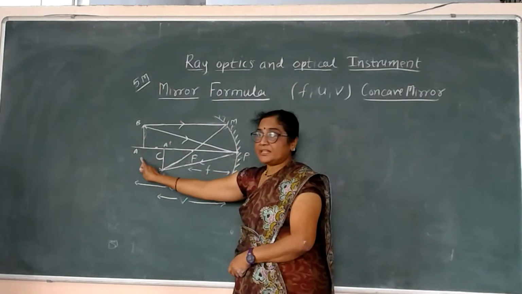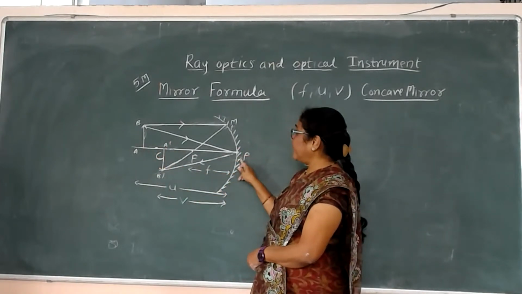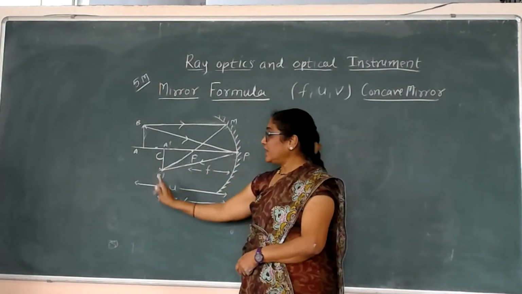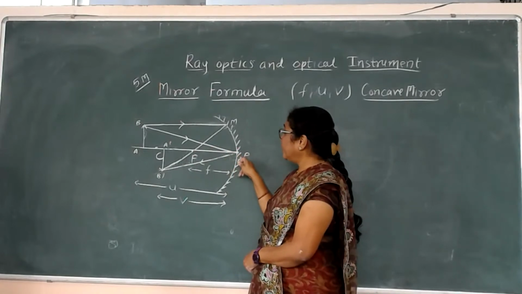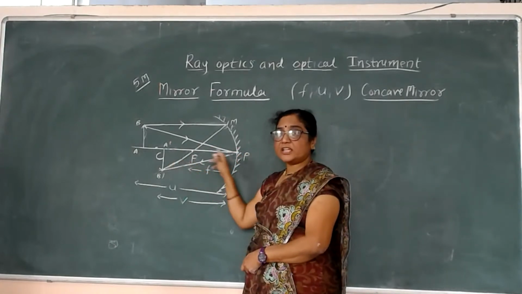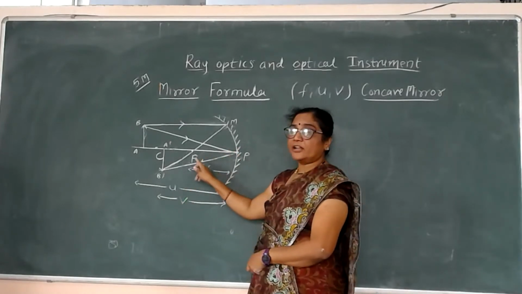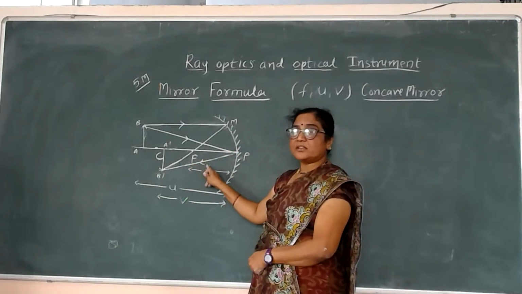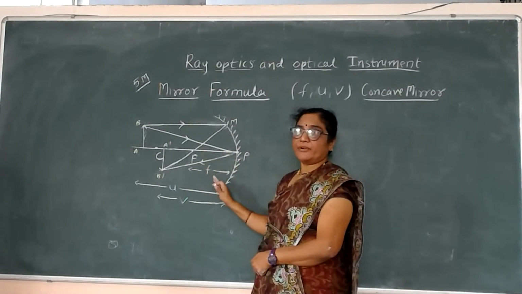So AB is the object and A dash B dash is the image. The distance between the pole and the object is known as the object distance U, the distance between the pole and the image is known as the image distance V, and the distance between the pole and the principal focus is known as the focal length F.